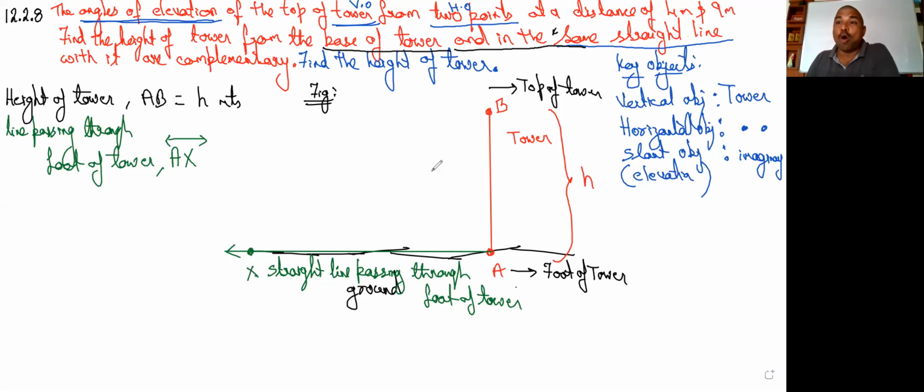Okay. Now, how many points has he taken on the line joining the foot of the tower? 2 points. Let me take the first point as C, and the second point as D. So C is the first point.